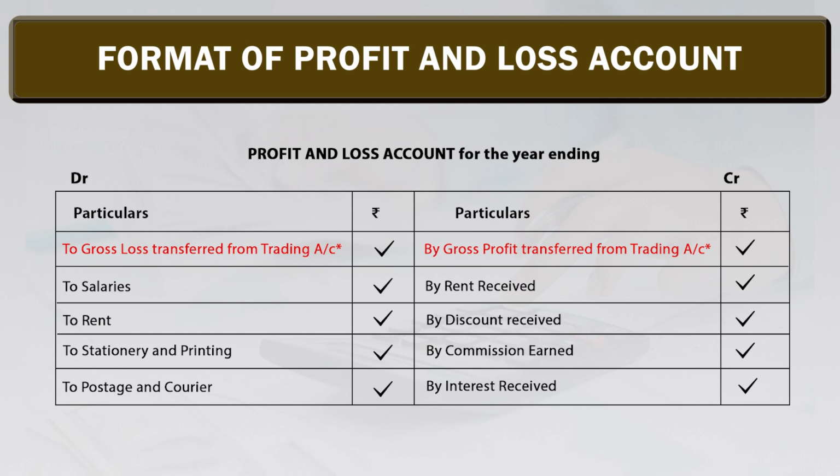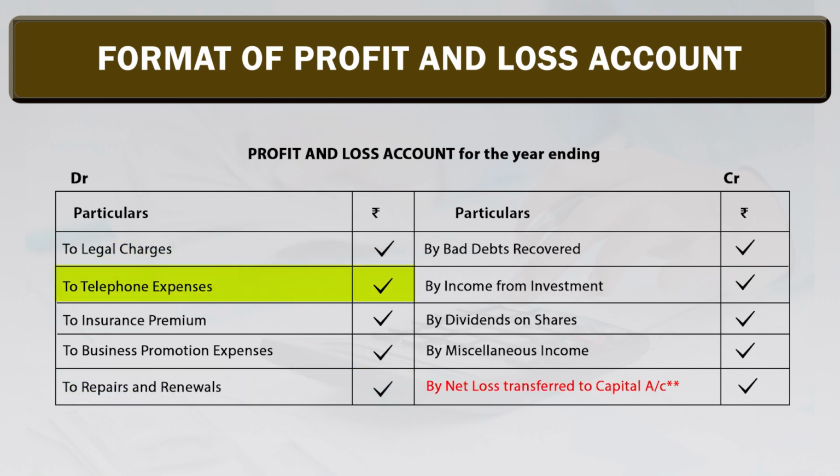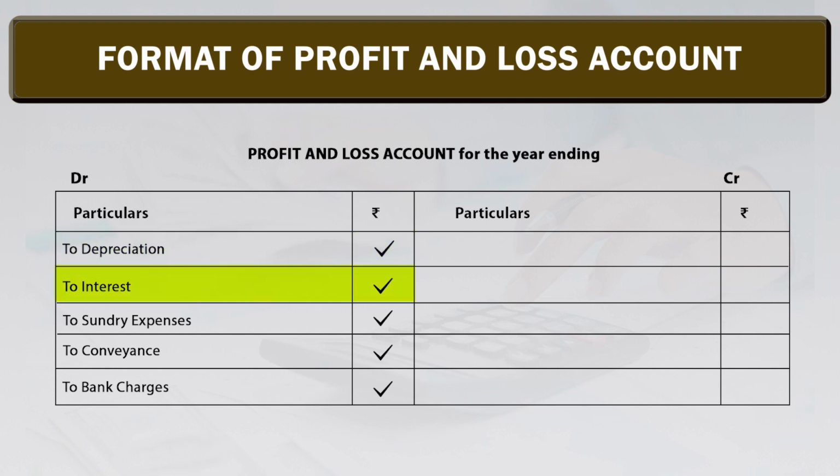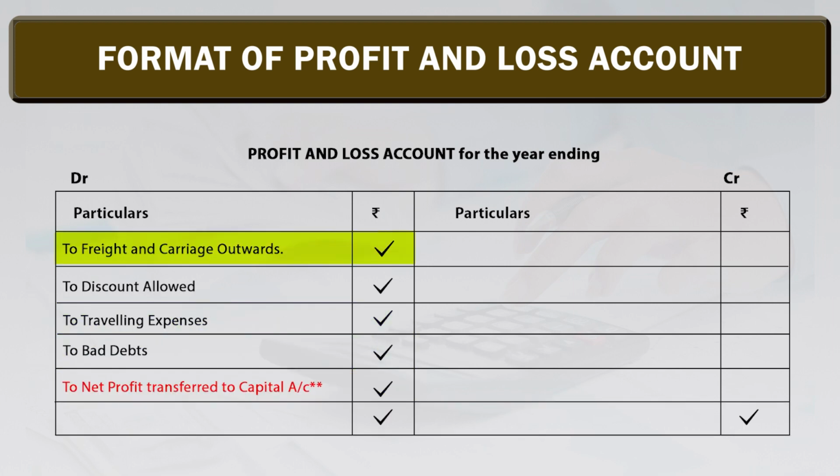profit and loss account. The first item of debit side is salary, rent, then stationery and printing, postage and courier, legal charges, telephone expenses, insurance premium, business promotion expenses, repairs and renewals, depreciation, interest, sundry expenses, conveyance, then bank charges, general expenses, electricity expenses, loss by fire or theft or damage, commission, advertisement, freight and carriage outward, discount allowed, traveling expense and bad debts.